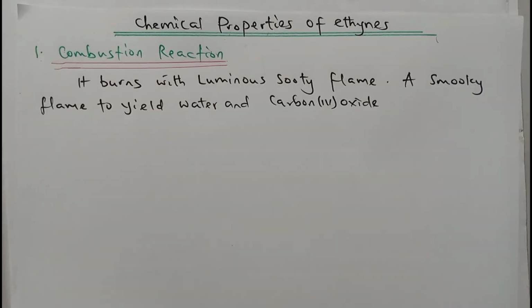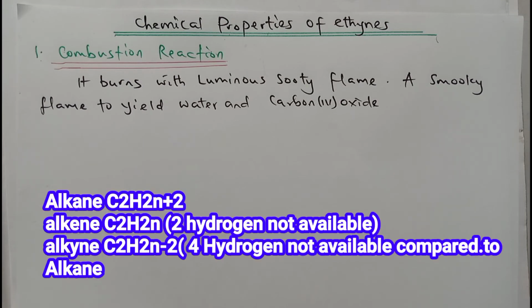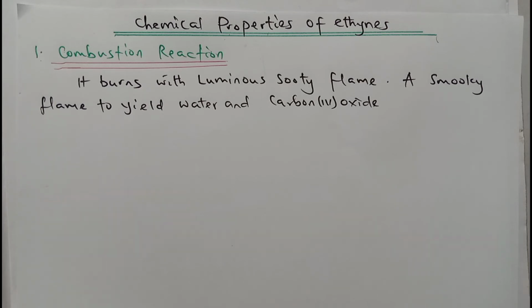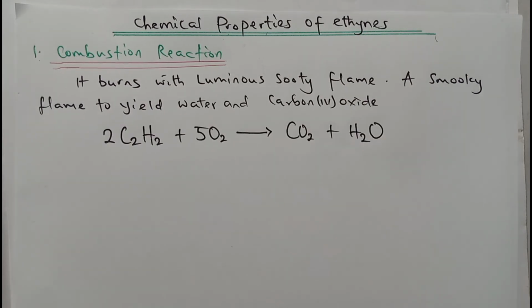When we compare it with alkenes, there is a little bit of smoke. Now, with alkynes, we have a much smokier flame. The reason is that as we move from alkane to alkene, the carbon to hydrogen ratio increases. As we move from alkenes to alkynes, the carbon to hydrogen ratio increases even more. I hope you know the general formula for this.